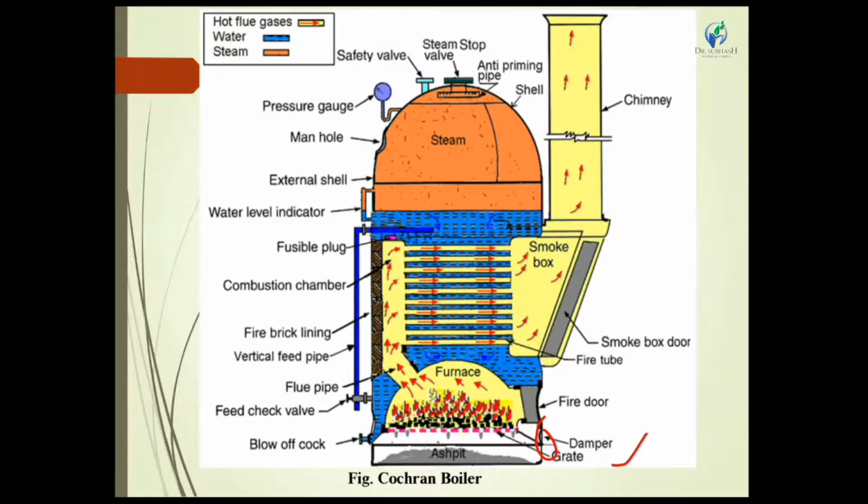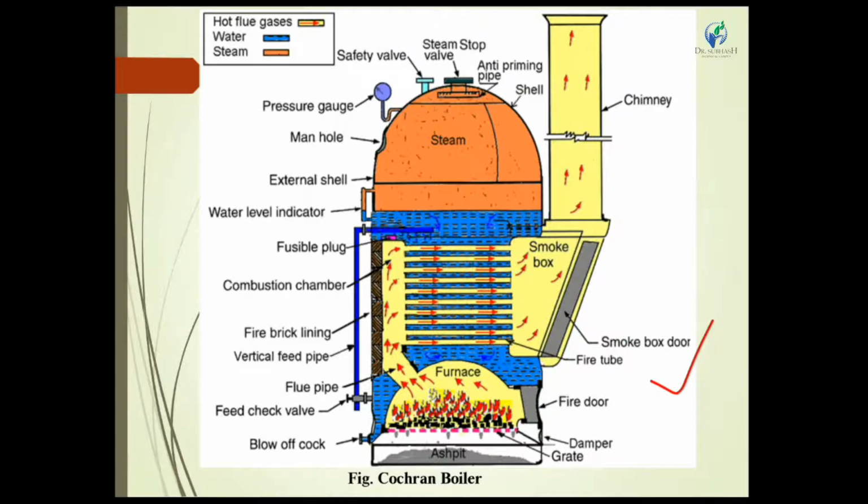the furnace. Next is the fire door. Fire door means we provide coal step by step, and add primary air from the fire door. Here is the fire tube. Fire tube means the fire or flue gases pass inside the tube.